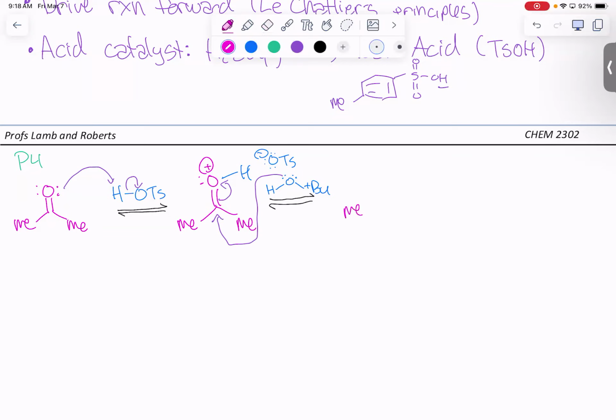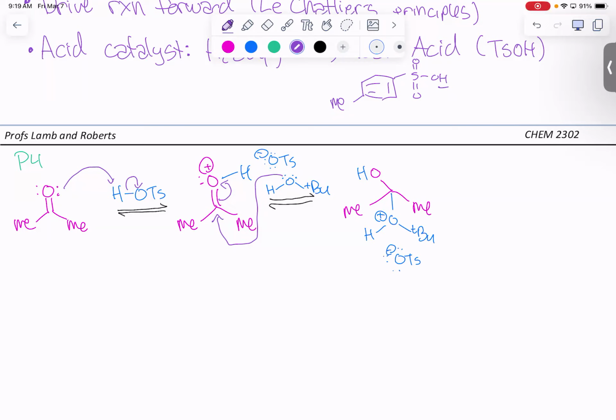All right, that's going to get us to a tetrahedral intermediate. So now we've quenched the positive charge on our carbonyl oxygen at that 1 position. And we have added in our tert-butanol, which means that it has a positive charge, right? We haven't done anything with that proton in the alcohol yet. We'll carry over our tosylate counterion to balance all of our charges. So now we can think about neutralizing this species, all right?